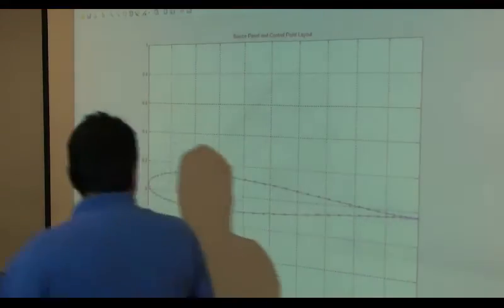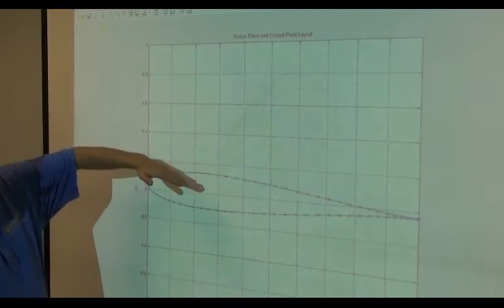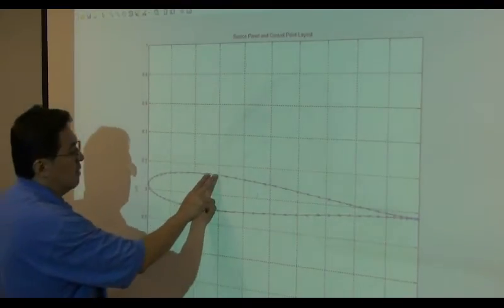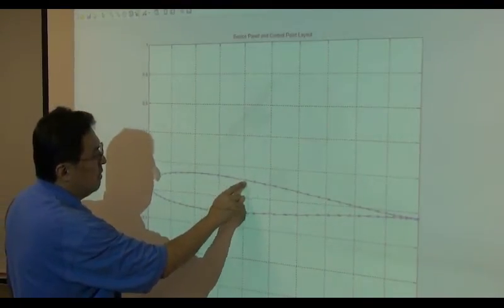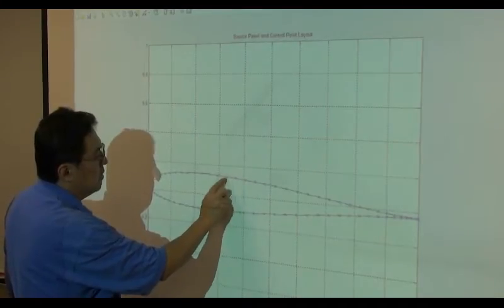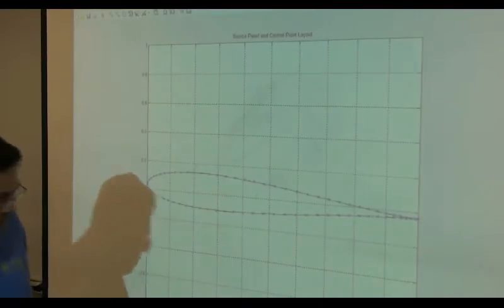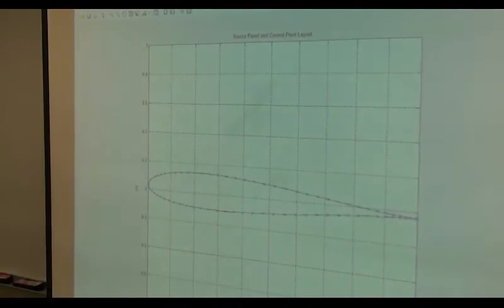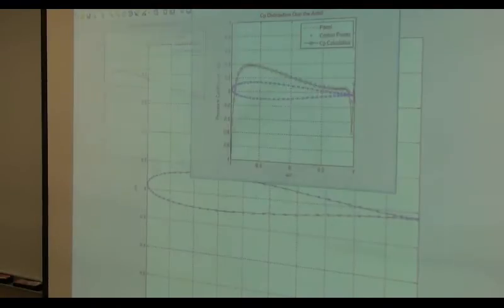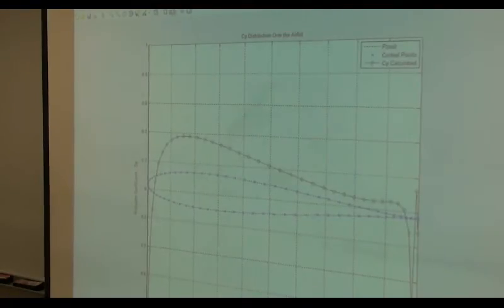It looks like a slightly pitched up cross section. Those are again straight lines drawn between two data points, each panel representing this cross section. Once again, I'm going to compute the CP distribution. Okay?